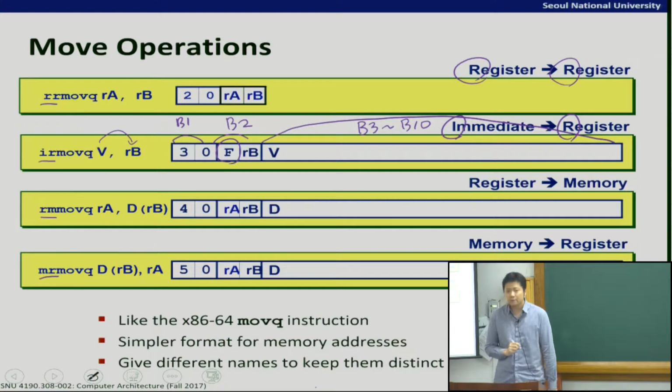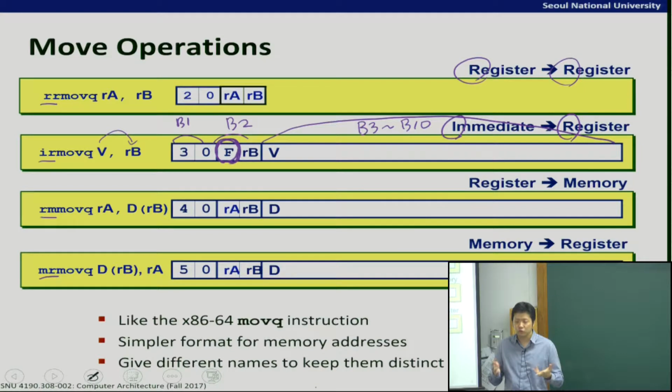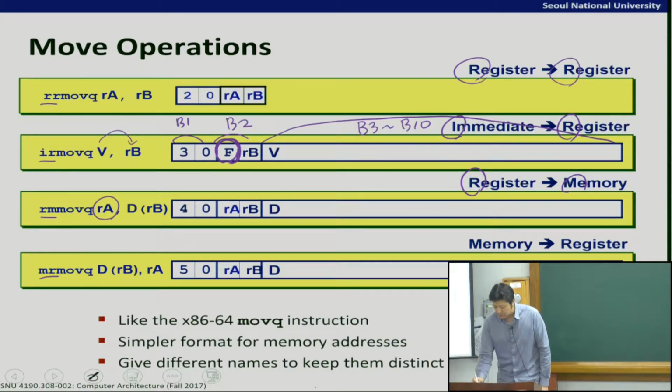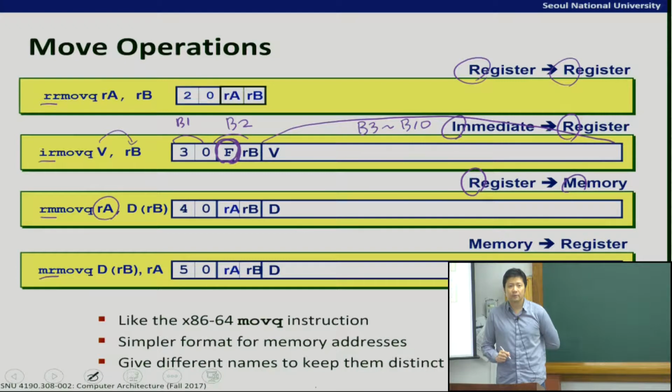In this case, we copy the value V to register B. We are not using the other register field, because we only need one register, so the second register field is unused. It is fixed to the value F, or 1111 in 4 bits. The rm move is a register to memory move. It copies the value of a register to a memory location. By the way, what is this instruction called in general? A register to memory move.